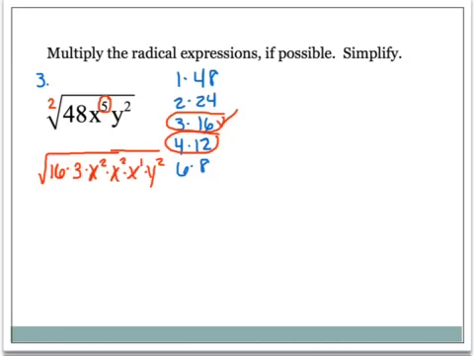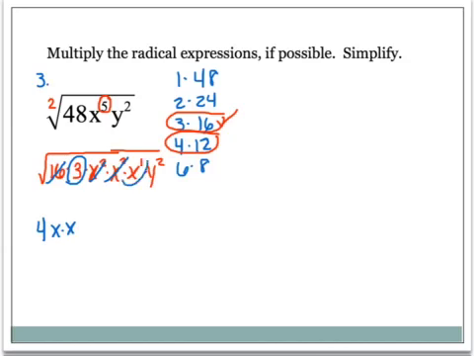Now I'm going to do the square root of each of the factors underneath the radical. And if I cannot do the square root of it, I'm going to circle it. So the square root of 16 is 4. The square root of 3 I cannot do, so that stays under the radical. But I can take the square root of x squared, and that's x. The square root of this x squared is x again.